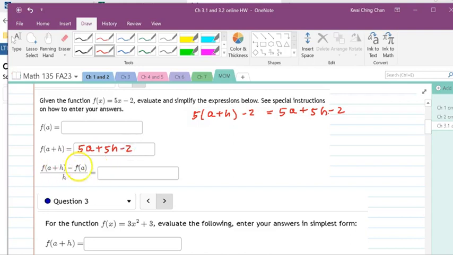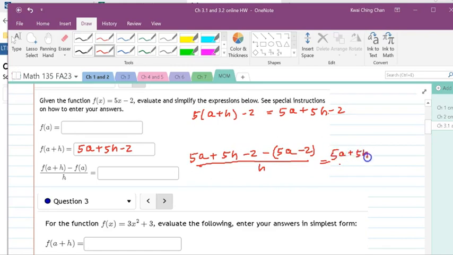And what about f of a plus h minus f of a, over h? So I have f of a plus h, which is 5a plus 5h minus 2, but minus f of a, which is 5a minus 2, right? And then over h. Now I'm going to distribute: 5a plus 5h minus 2 minus 5a plus 2.